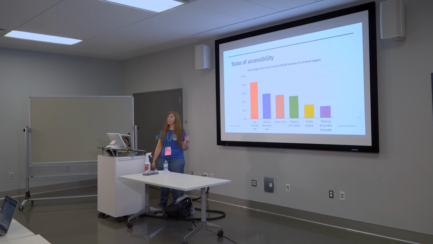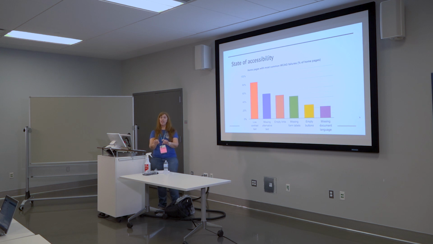Next one, missing form labels. Again, we got a whole bunch of form fields and nothing is labeled. They use that very light gray placeholder text, which no one can read, and then as soon as you type in the field, it goes away, and then your dog barked, so you settle your dog down, you come back, and you're like, I have no idea what this field was. Delete the field. Okay. Read the hard to read placeholder.